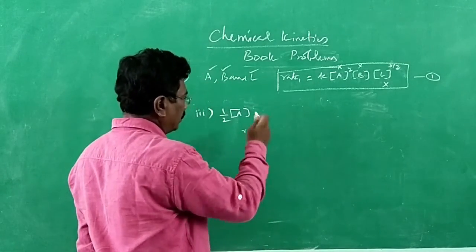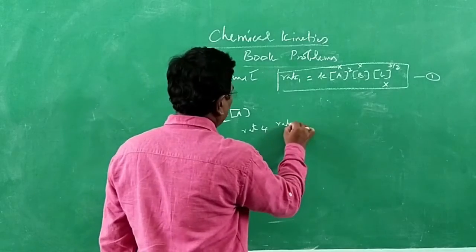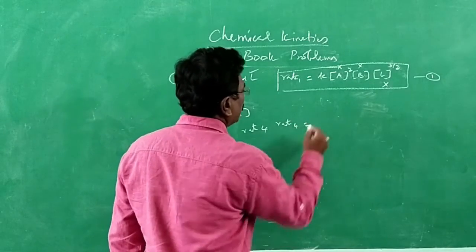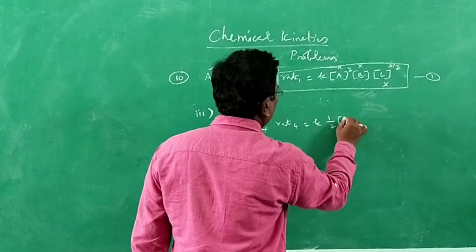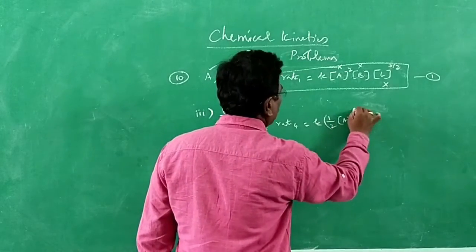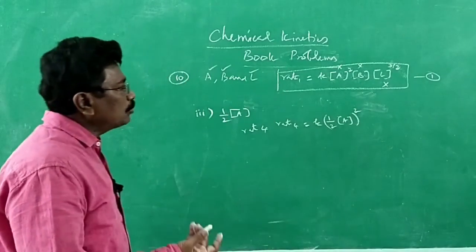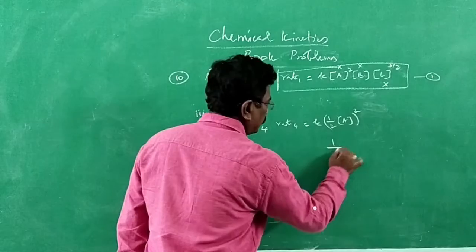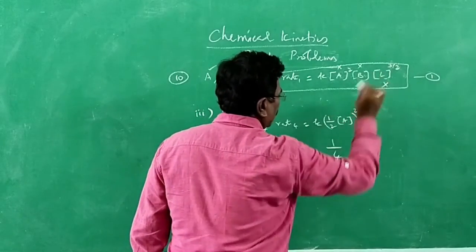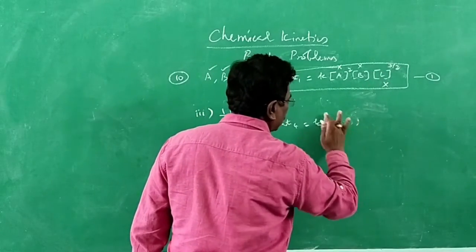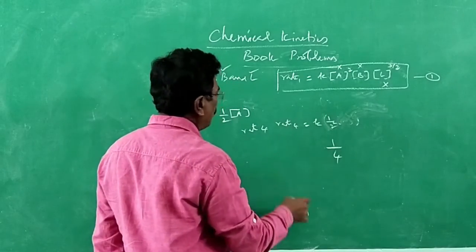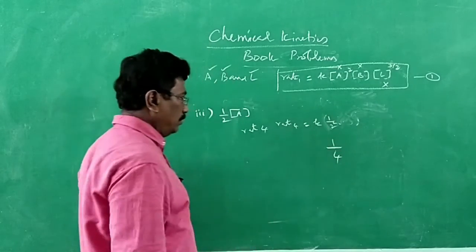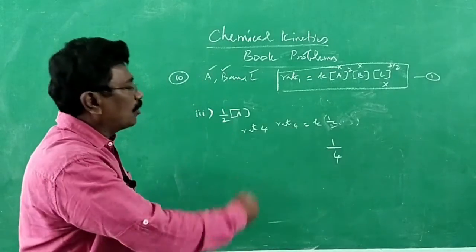As we have discussed, rate 4 is equal to K into nothing else altered. It is only 1 by 2 to the power of 2. 1 by 2 square means 1 by 4. Remaining things get cancelled. So the rate gets reduced 4 times.